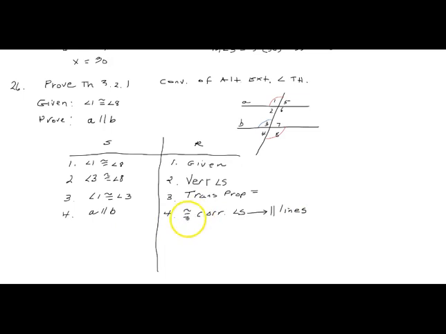I would read this like congruent corresponding angles leads to parallel lines. That's a quick, easy proof.